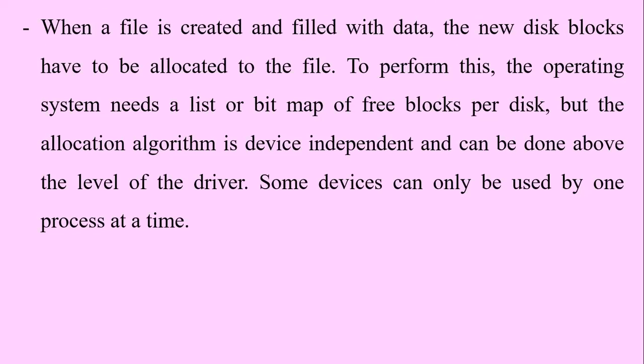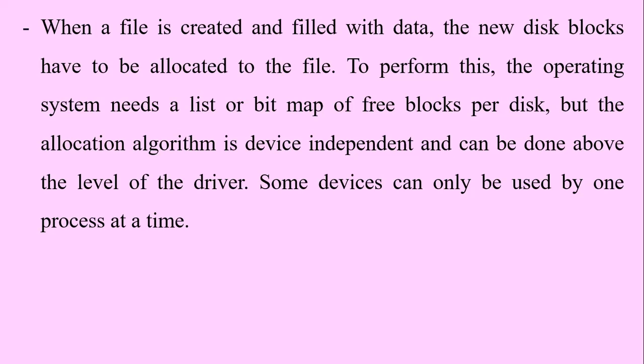When a file is created and filled with data, new disk blocks have to be allocated to the file. To perform this, the operating system needs a list or bitmap of free blocks per disk, but the allocation algorithm is device independent and can be done above the level of the driver.